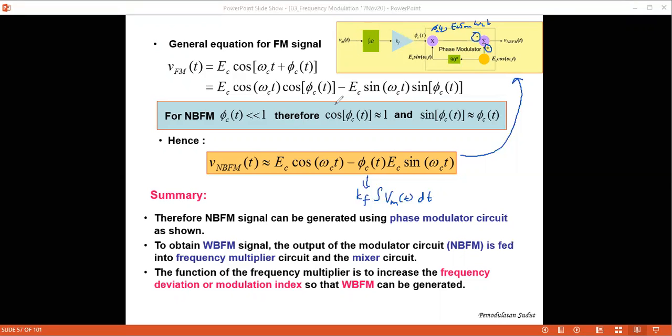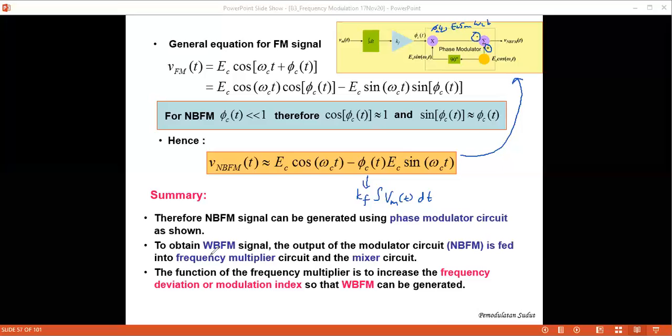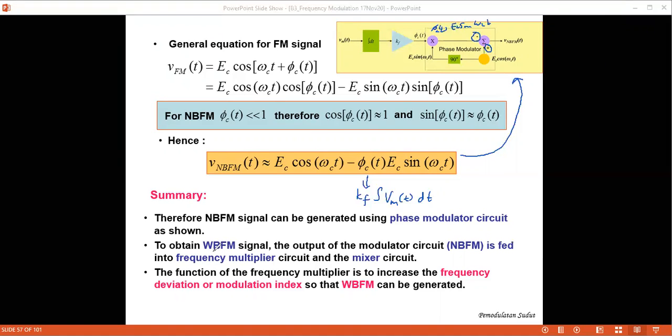This part basically just shows you how we can use a phase modulator circuit to generate a narrowband FM signal. Remember, for indirect FM, to convert from narrowband to wideband, we use a multiplier. We need to convert from narrowband to wideband because practical, commercial FM applications are based on wideband.